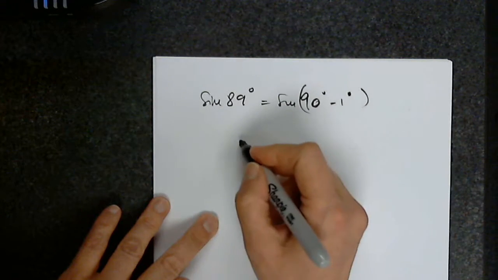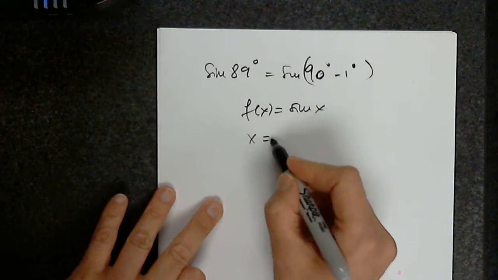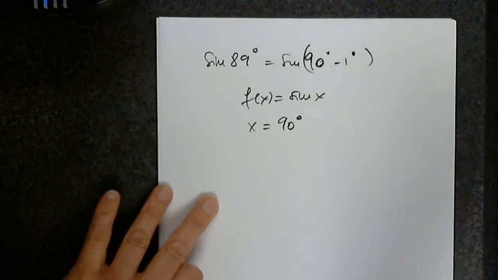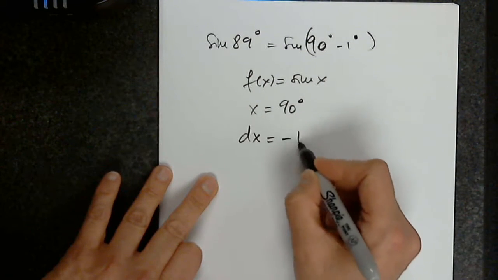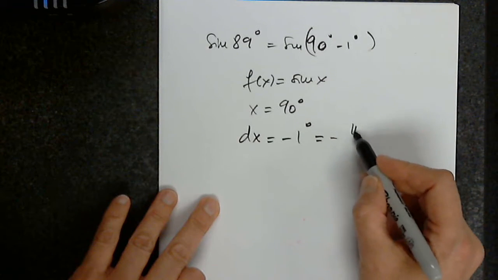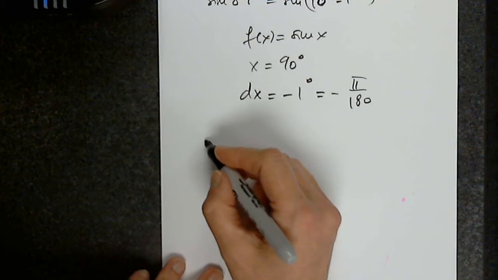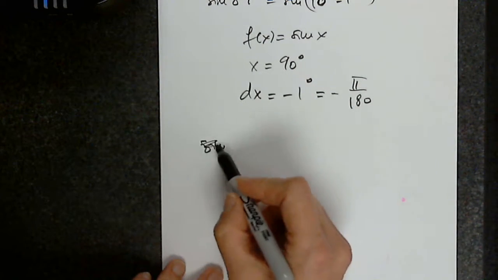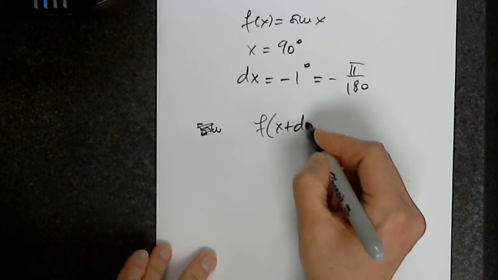So then the function that we are talking about is sine x. x is 90 degrees. Delta x or dx is negative 1 degree, which has to be changed into radians. So it's negative pi over 180. Let me write the general form first.